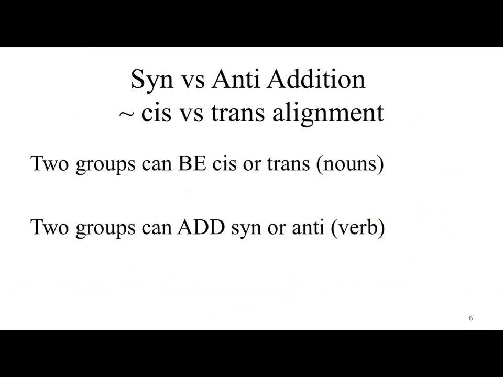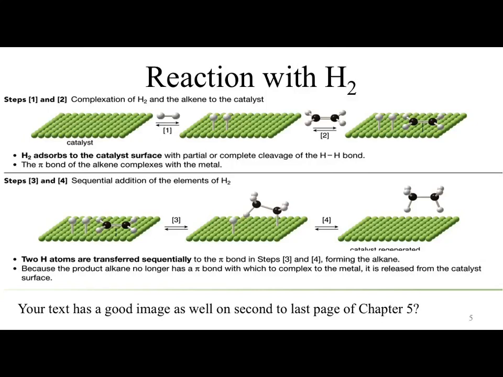But say I add two hydrogens, as I do when I react an alkene with hydrogen. I don't really see cis or trans, because the hydrogens get added, and applying cis and trans to that doesn't really make sense. When we're using cis and trans, we refer to groups that are not hydrogen.